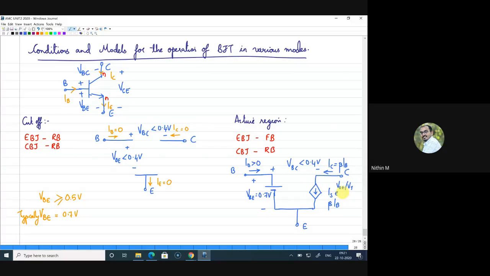Now, if your base emitter voltage is 0.7 and your base collector voltage is less than 0.4, can you tell me what will be the collector emitter voltage here? Since it was off before, we did not consider it, but now how can you say what the VCE voltage will be for a transistor in the active region?